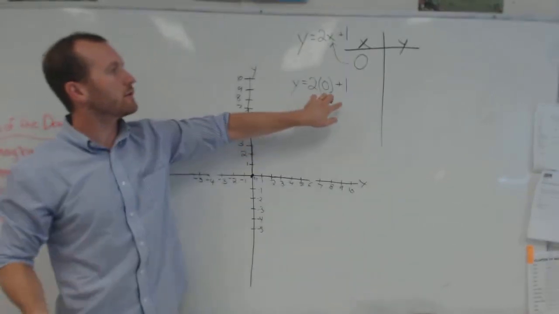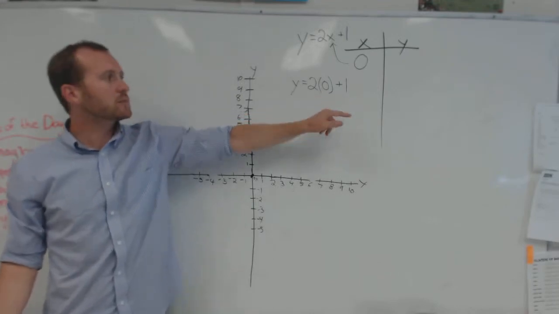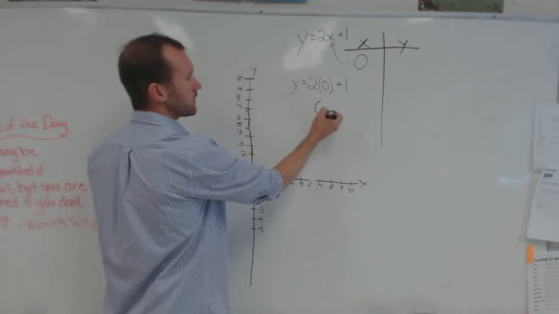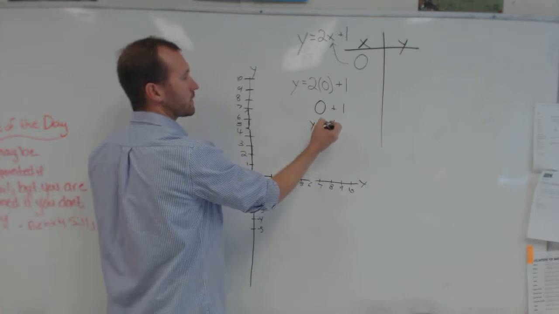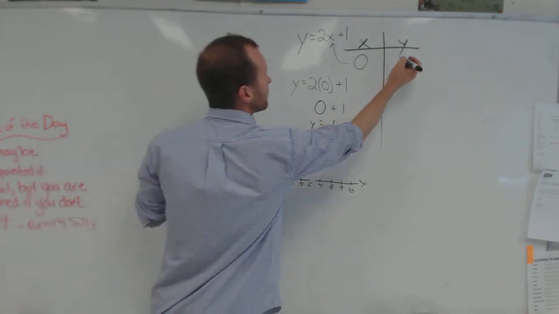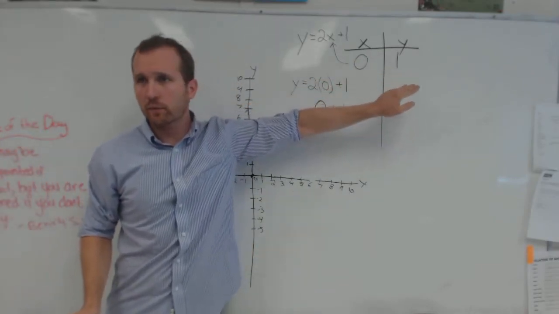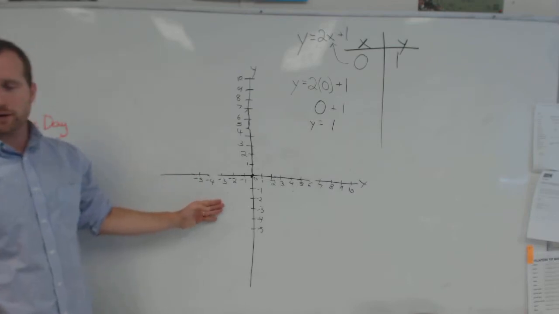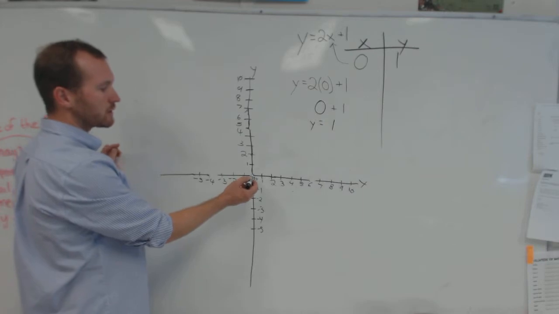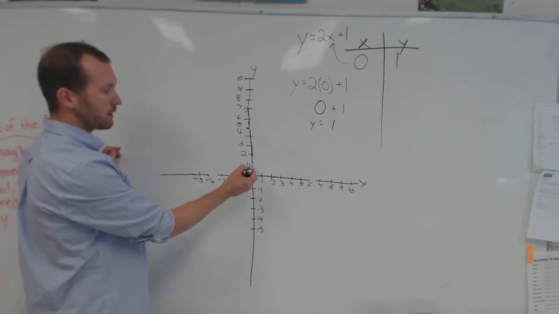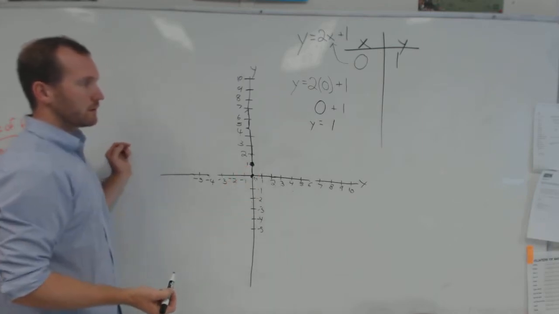I solve this using my order of operations. 2 times 0 is 0, plus 1 is 1. And so I know that y equals 1. Then I take this pair and plot it on my coordinate plane. 0, I'm going to go over 0. Y is 1, up 1. Here's my first point, right there.